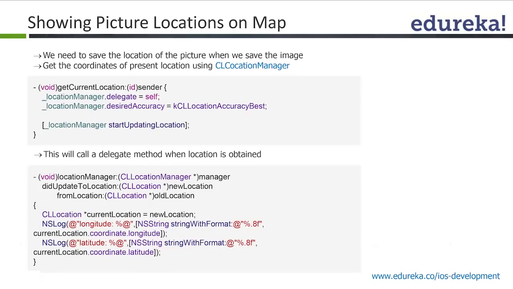Here you are converting this latitude or longitude, which is a double, into a string, and then you are logging it. So basically, to achieve your requirement, you have to capture this, save it in your application, and show it whenever it is required.